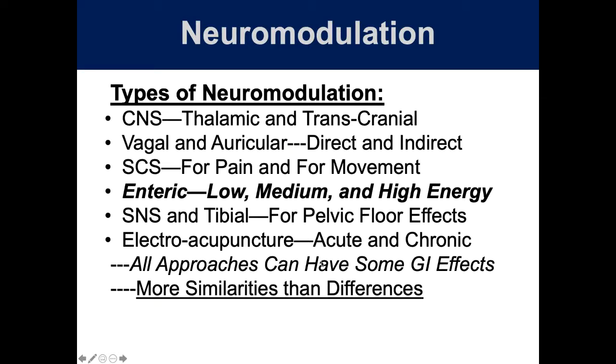And all of these have some GI effects and more similarities than differences. I am the associate editor for Neuromodulation, which is the main journal on this, and I'm the GI editor. So we've had actually a doubling in the last 5 years of the number of manuscripts, and in the last year we've had a tripling of the number of manuscripts. This area has just exploded.